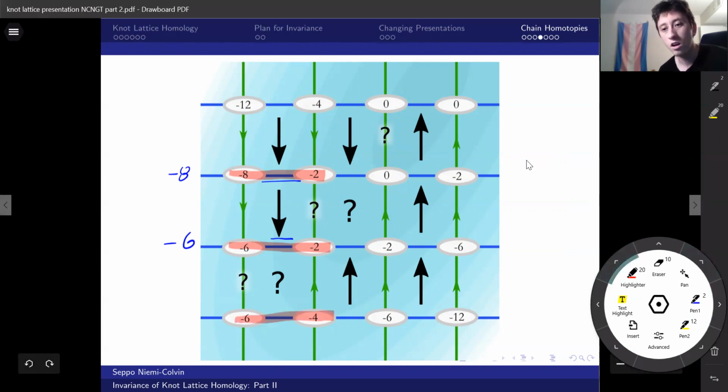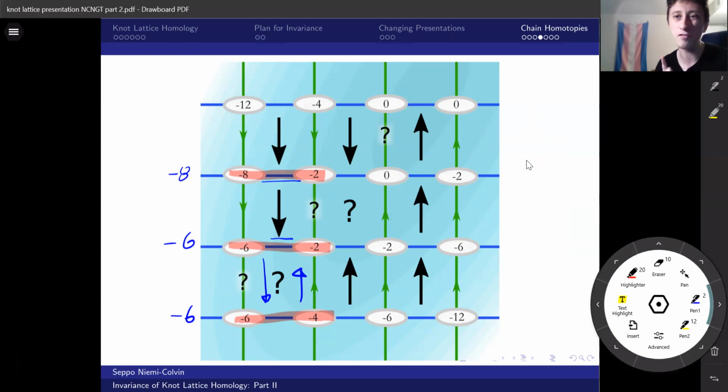However, the minimum of -6 and -4 is also -6. So the problem is we don't know whether we should be moving this down or that up. However, this actually is enough to prove invariance because we just need to check the second filtration, and one of those two directions will be allowed.